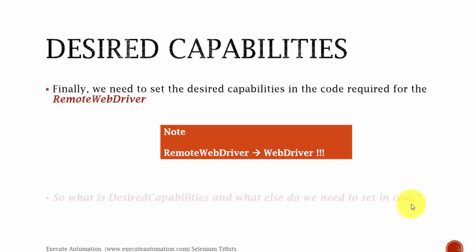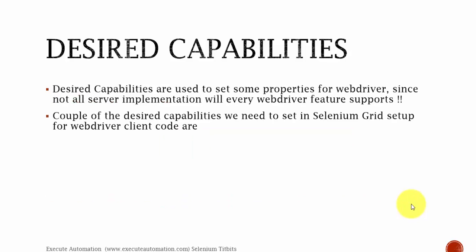All right. So what is desired capabilities and what else do we need to set in the code, right? That's a very good question, of course. Desired capabilities are used to set some properties for the WebDriver, since not all server implementations support every WebDriver feature. A couple of desired capabilities which we need to set in the Selenium grid setup for WebDriver client code are the platform and the browser name.